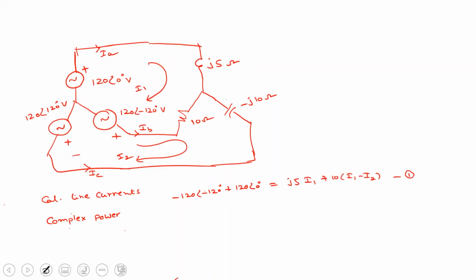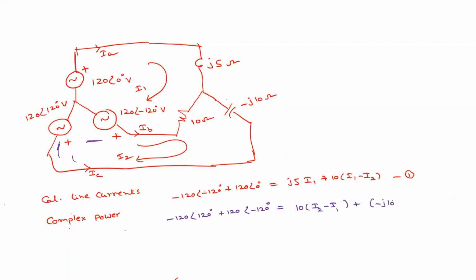For this one, minus 120 at an angle 120, plus 120 at an angle minus 120, equal to 10 into (I2 minus I1) plus minus j10 into I2. Okay, so this is equation 2.